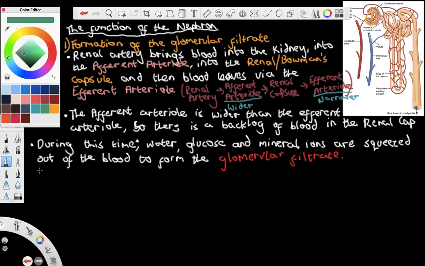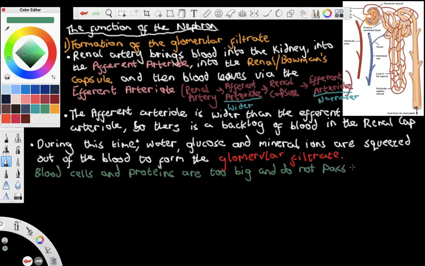So I'm just going to put that blood cells and proteins are too big and do not pass into the glomerular filtrate.